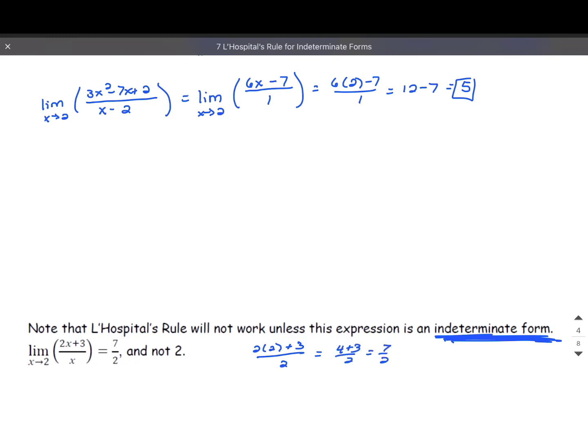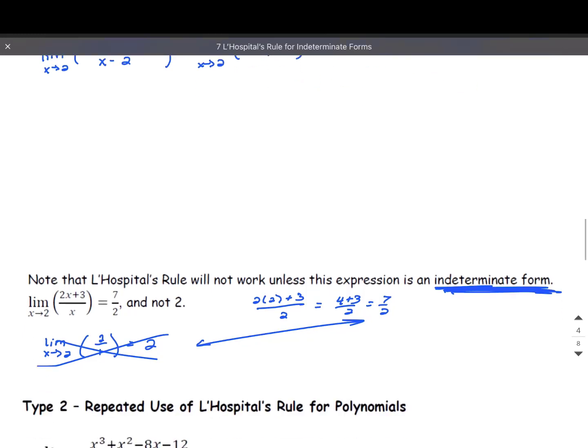That's 7/2. If you did L'Hopital's rule, which you're not allowed to do, but if you took the derivative at the top, it's 2, and the derivative at the bottom is 1, that would give you 2. Those are not equal because L'Hopital's rule does not apply. It only applies if the limits at the top and the bottom are either both 0 or both infinity.